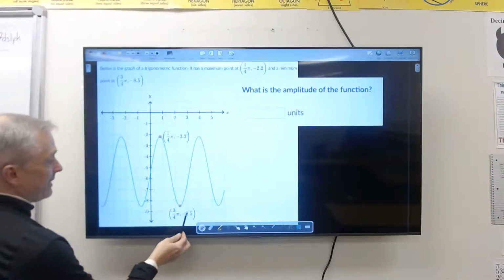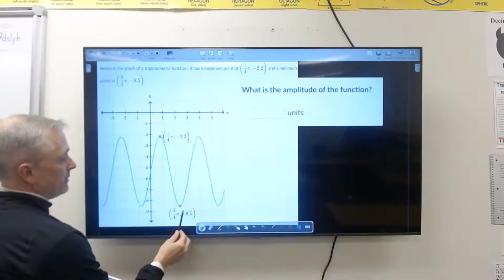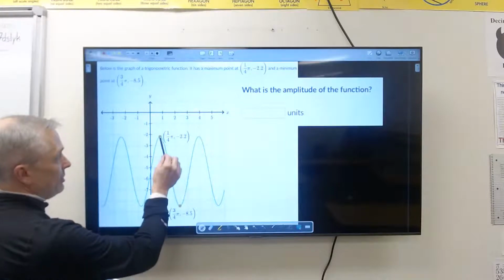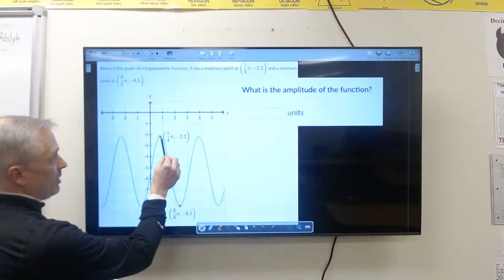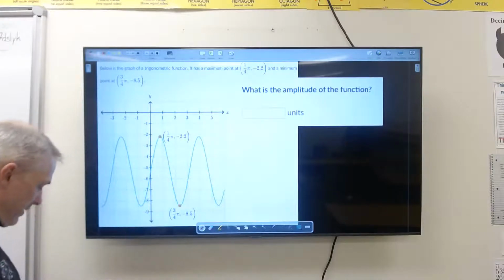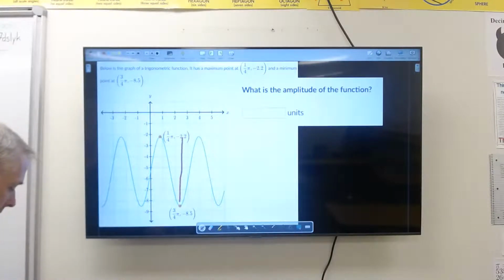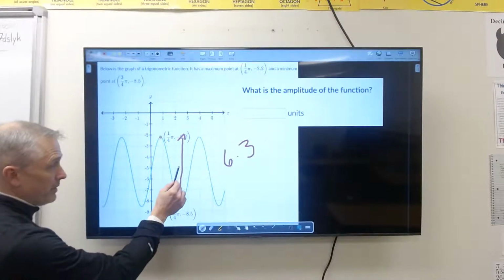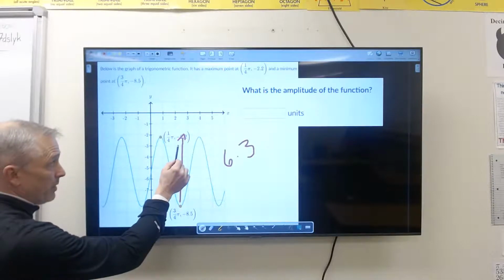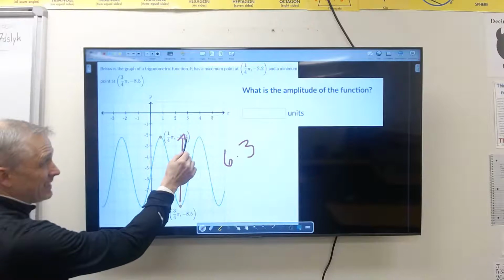Another one. We've got this one down here at negative 8.5. To get to 2.5, it's got to go up 6, and then it's got to go up another 0.3. So from here down to there, that's 6.3, because it went up 0.5 to there, and 1.5, 2.5, 3.5, 4.5, 5.5, and another 0.8 to get to the 0.2.